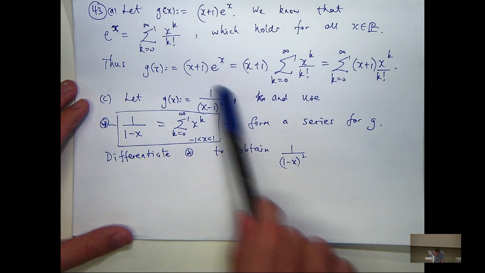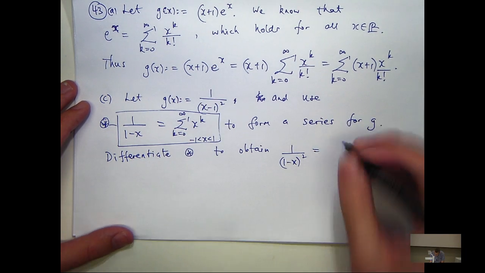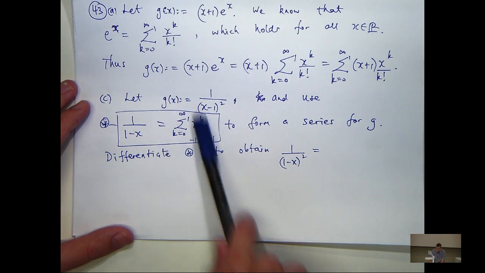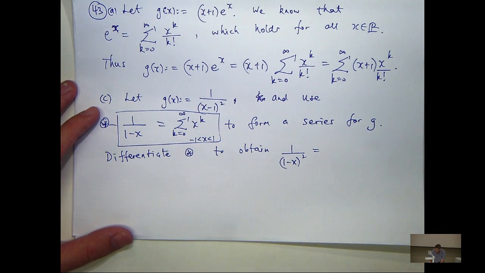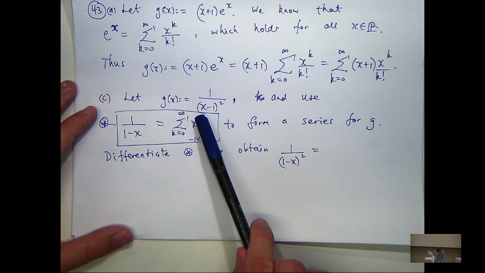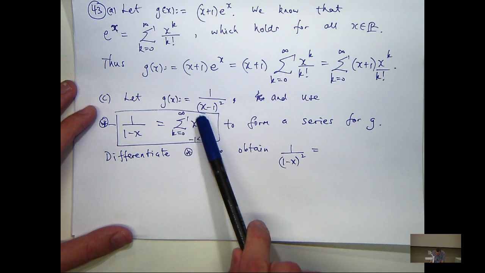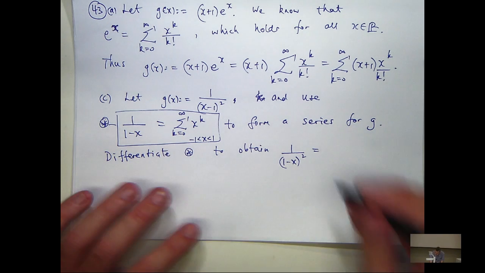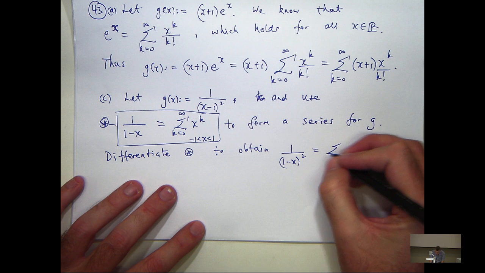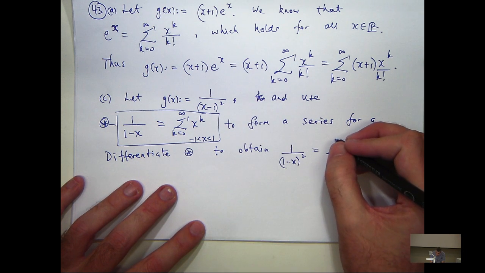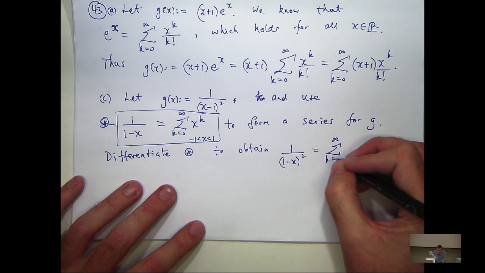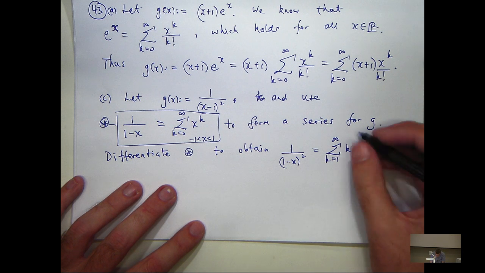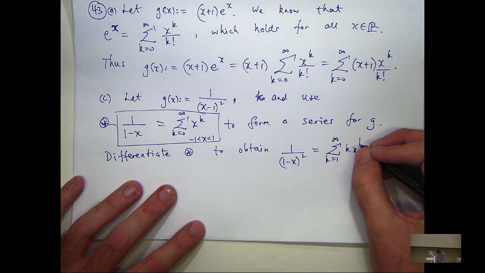Now that's equivalent to g. So all we really have to do is to go through here and differentiate term by term. Sometimes with these, I like to actually write out the first few terms of the series and then differentiate and collapse it back into a series. With this one, I'm not going to do that. I'm just going to differentiate. So the first term's going to go to 0, and I'll get something like this.